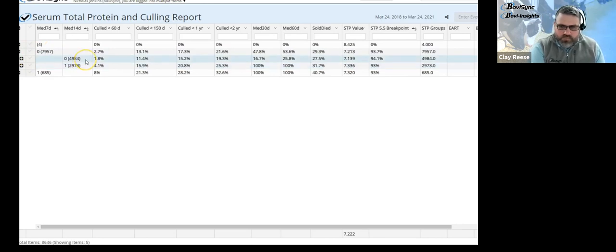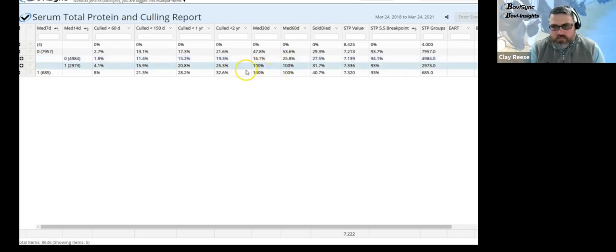And you can see there that animals that maintained being healthy, so no medical events through the first 2 weeks of life, have significantly lower cull rates than the cohorts of animals that had a medical event, which makes sense. It's good to prioritize the things that lead to these outcomes and understand that those early days of life play a big role in whether or not that animal makes it into the lactating herd.